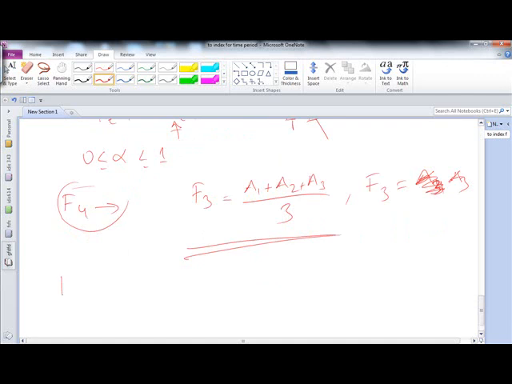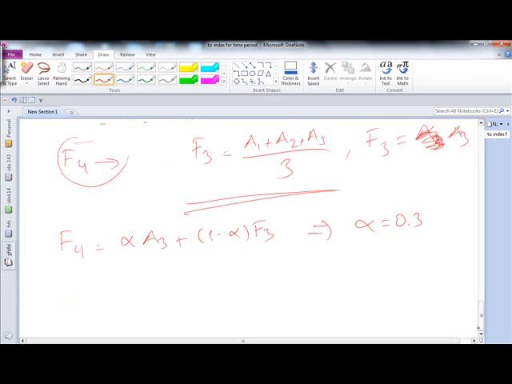So F4 is going to be alpha times A3 plus 1 minus alpha times F3, right? So I need an alpha value, and for this exercise I'm just going to make one up, let's say 0.3. Once I have 0.3 as the alpha value, I can go ahead and do this calculation.